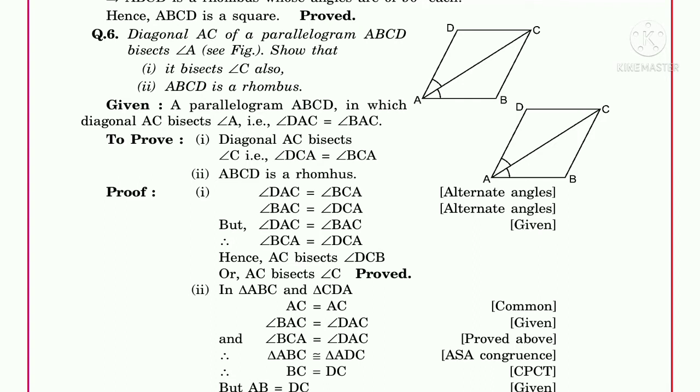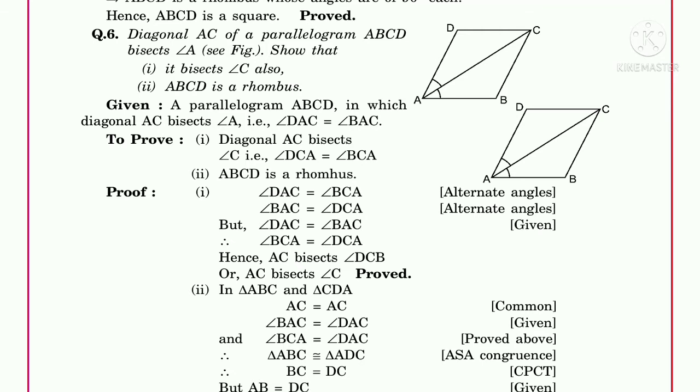Then obviously DAC is equal with BCA, because these two are alternate interior angles. Similarly, BAC is equal with DCA, same process: DC is parallel to AB and AC is a transversal, so these two angles are also equal.